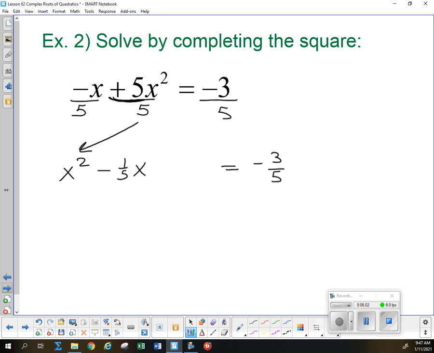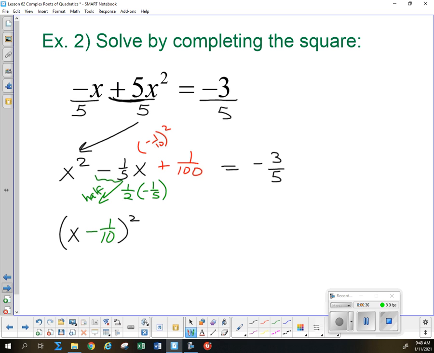Okay, I'm going to complete the square, so I am going to have my parentheses that starts with 1x and gets squared. I am going to take half of this negative 1/5. So half of negative 1/5 is minus 1/10. Then I am going to take that minus 1/10 and square it, which gives me plus 1 over 100, and I need to add that on both sides.